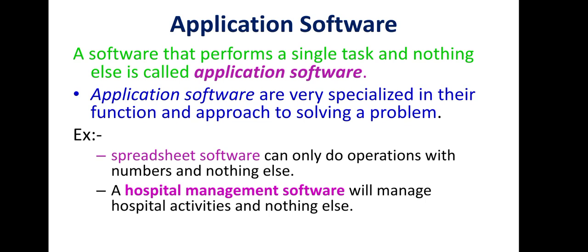Suppose you have a ticket collection system in the Indian Railways. It is meant only for reservation, updating of the information, those things. Beyond that, it can't do anything. Similarly, hospital management software handles whatever is required for hospital management, like entering patient names, updating the medicines given, the financial systems and the staff, whatever is available in the hospital.